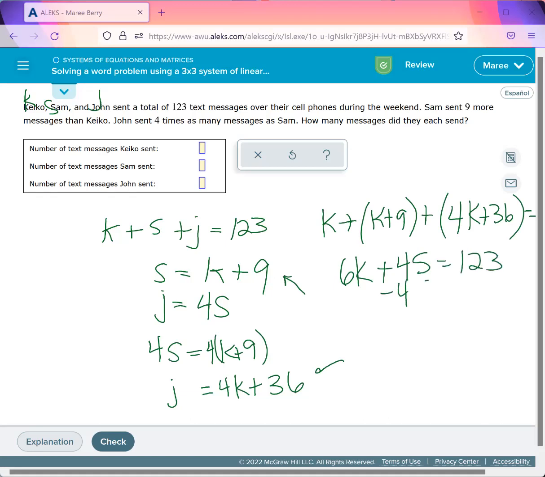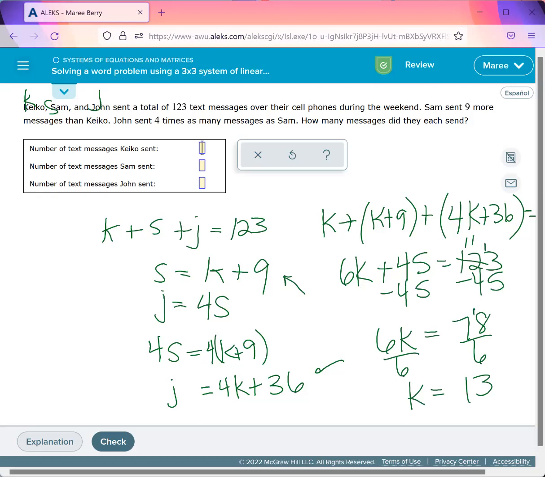So we're subtracting 45. And we get 6K equals 78. Wait, is that right? Yeah, then we divide by 6. And K equals 13. So we know that K is 13.